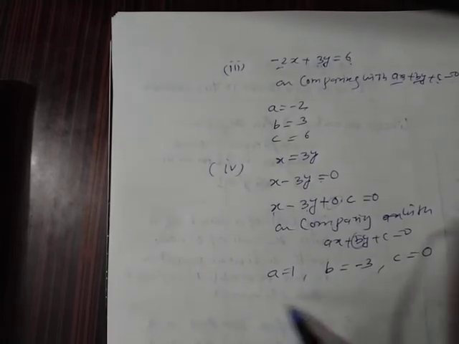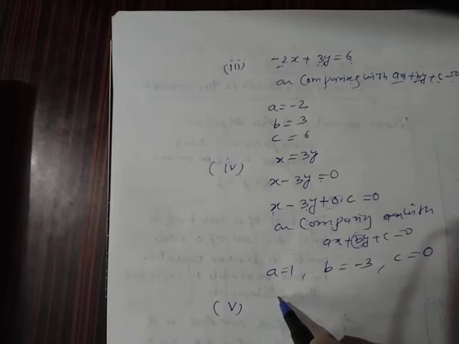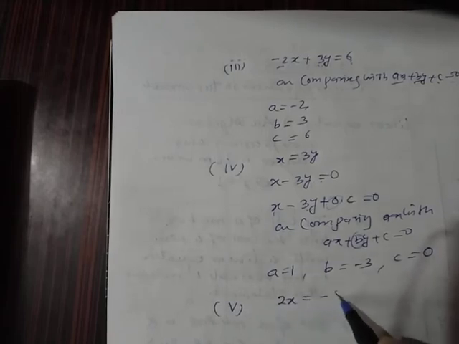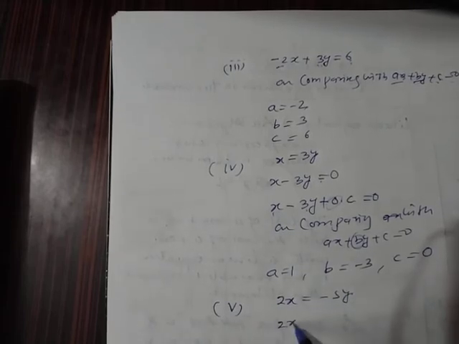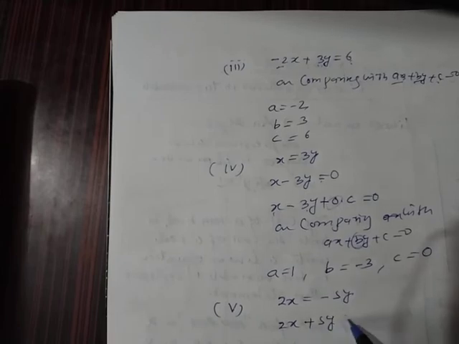Now fifth part, 2x is equal to minus 5y. So you write 2x plus 5y equal to 0. So 2x plus 5y plus 0 into c is equal to 0.